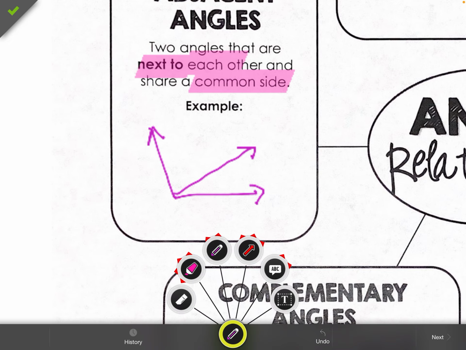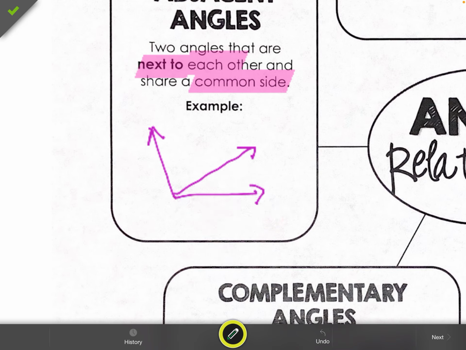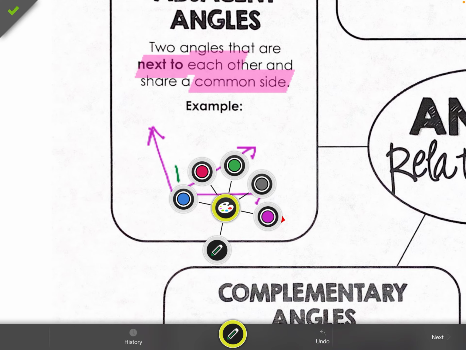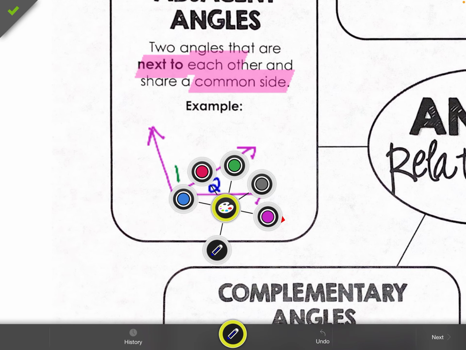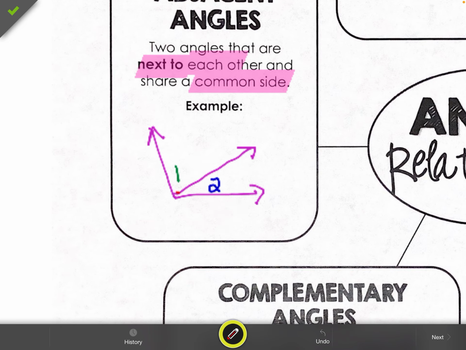Okay, and if we look, we could call this angle 1, and we could call the other angle angle 2. So they're next to each other and they share a side, which in this case would be this side right here. Okay, so those would be adjacent angles. They're next to each other and share a side.